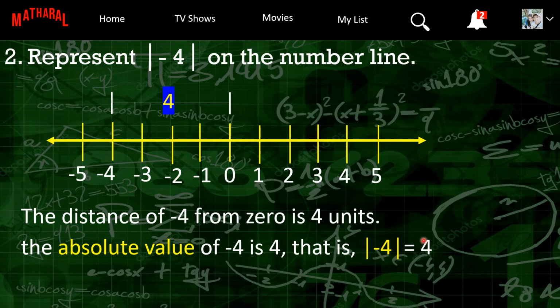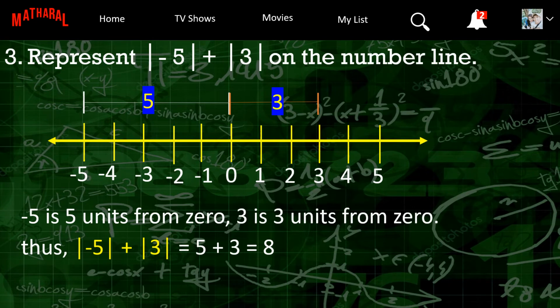Nung nilabas po natin siya, naging positive siya, at yun din yung numero. So, that's the definition of absolute value that's being shown in our first two examples. So, move to the next slide.